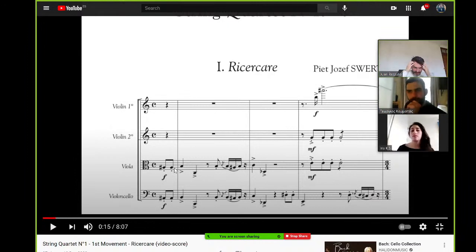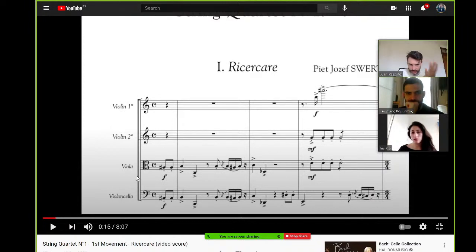So the listeners who are going to be immersed in the world of atonalism can have at least a moment to see what we are going to be tracking. So it's not blurred. Good observation. And then in terms of the articulation and the use of the strings, what else catches your attention?